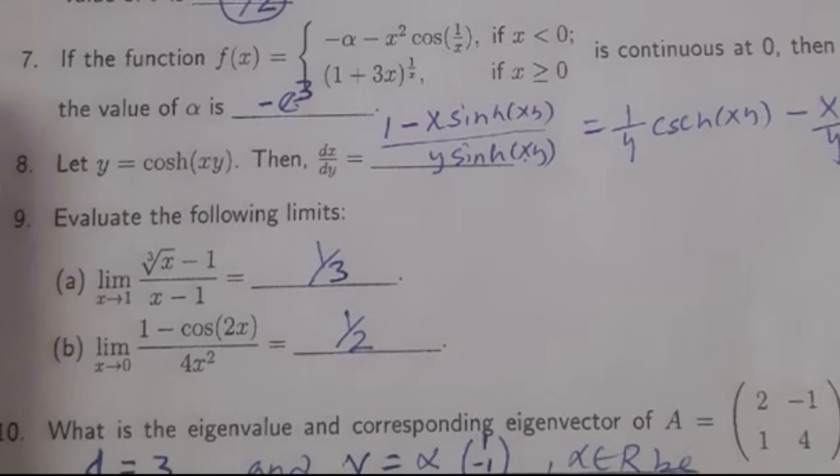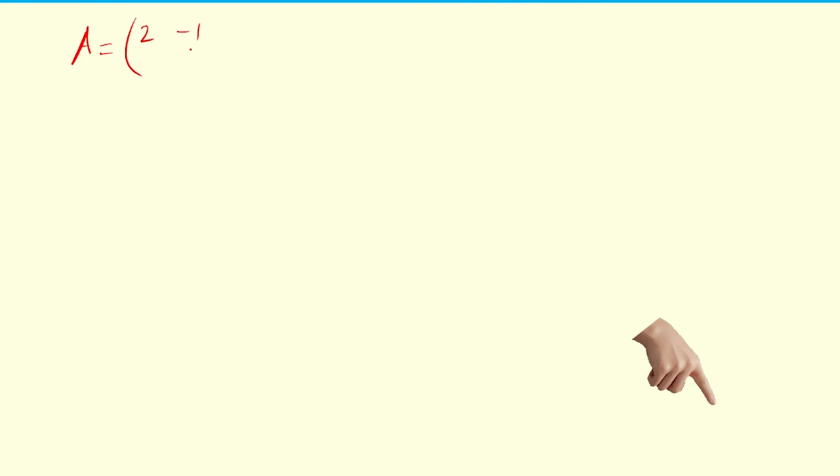Question number 10. What is the eigenvalue and corresponding eigenvector for the matrix A, 2 minus 1, 1, 4? For this matrix, find the eigenvalues and corresponding eigenvectors. Now, we need to apply the determinant of A minus lambda I2 equals 0, where the order of matrix A is 2 by 2.